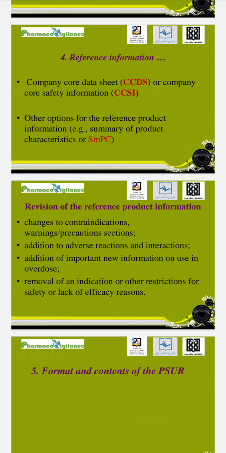We need a revision for a change to the contraindications, a change to warnings or precautions sections, an addition to adverse reactions and interactions, additions of important new information on use in overdose, and removal of an indication or other restriction for safety or lack of efficacy reasons. In these cases we need the revision of the reference product information.